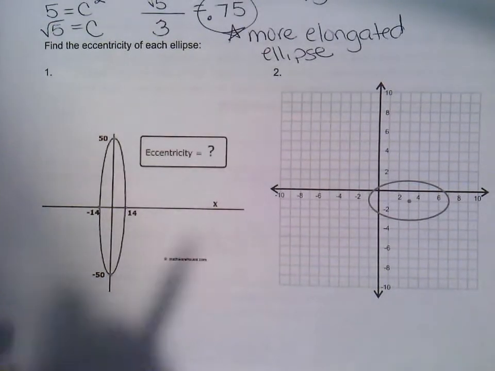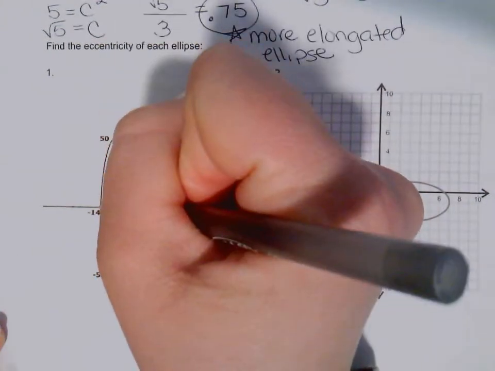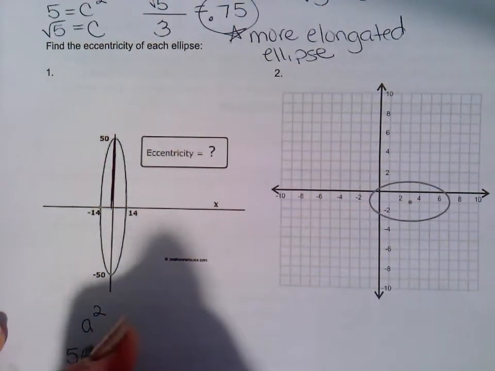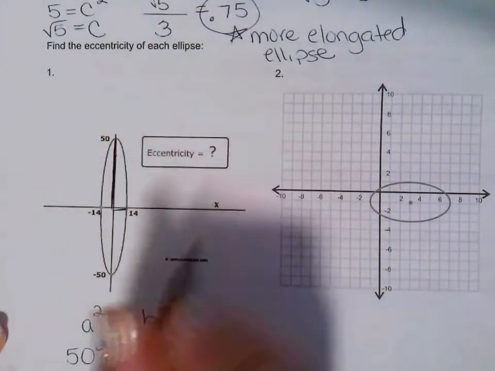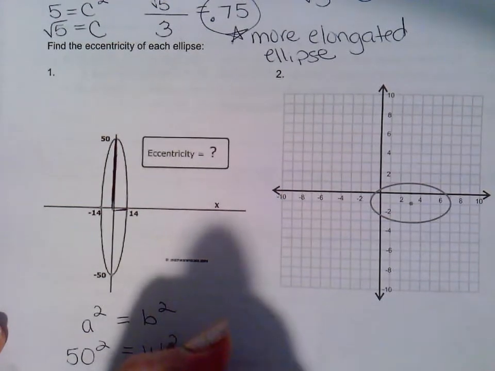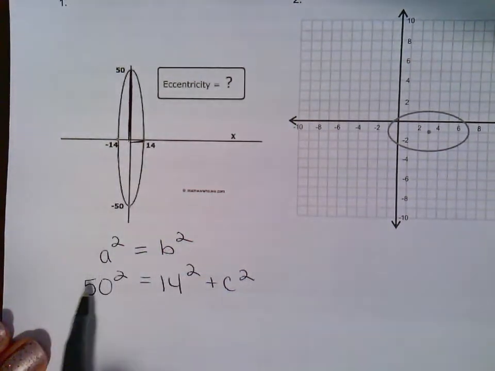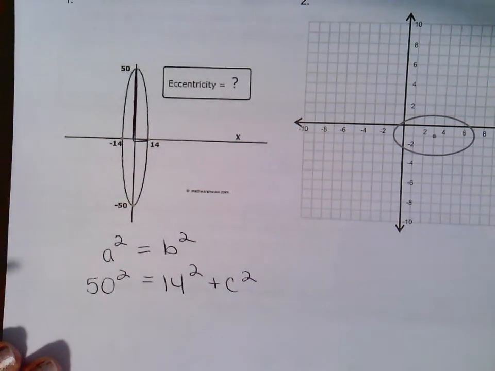Let's see. A must be 50, so A squared is going to be 50 squared. B squared looks like it would be 14 squared. So this is just A and this is just B, and I have to square those to get A squared and B squared. I'm going to take 50 squared, subtract off 14 squared, and I get 2304.